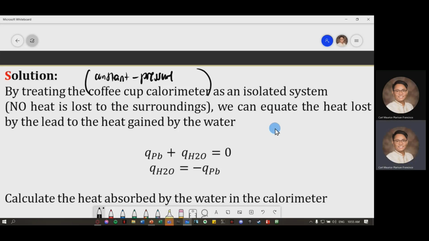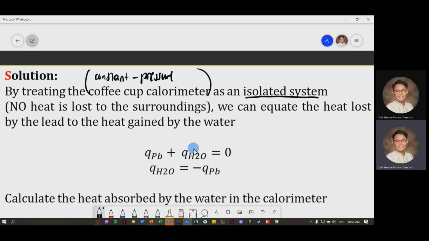So since isolated system, heat of lead, lead is our system, plus heat of water is equal to 0. Kasi isolated. Walang heat, walang mass na madadagdag o aalis sa sistema. So dapat 0. Okay? Now, we can equate the heat lost by the lead to the heat gained by the water. So, next thing is ito, QPB plus QH2O is equal to 0.